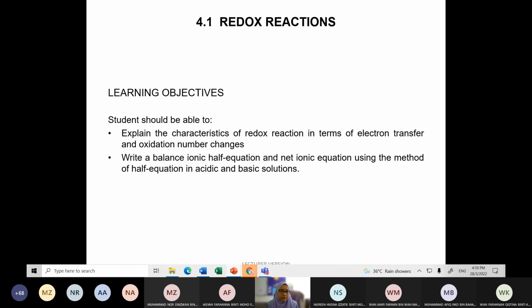So not only the number of atoms present in the reaction, you also need to balance the number of electrons. So that's the focus: balancing the redox equation.